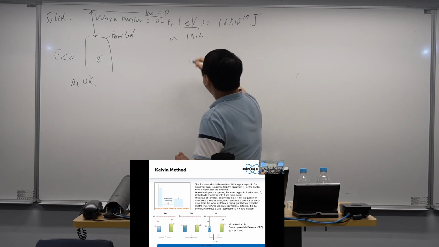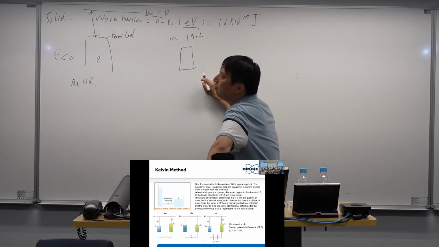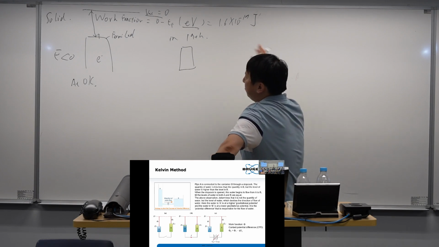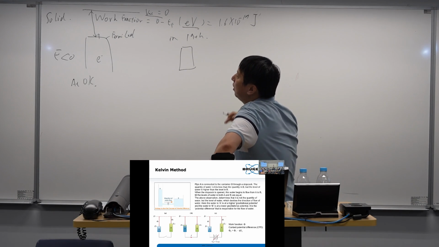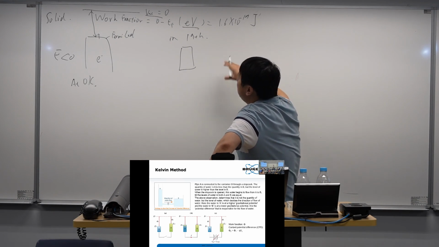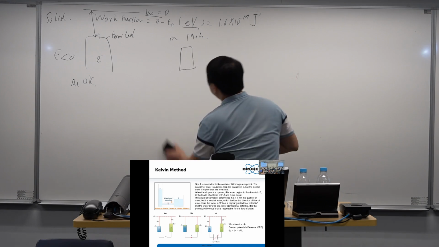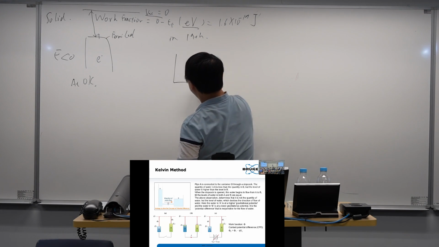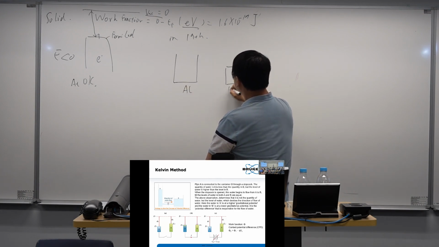If I connect two metals together, there is a potential difference, or a charge can be transferred between these two metals. For example, we place an aluminum here and a gold here.